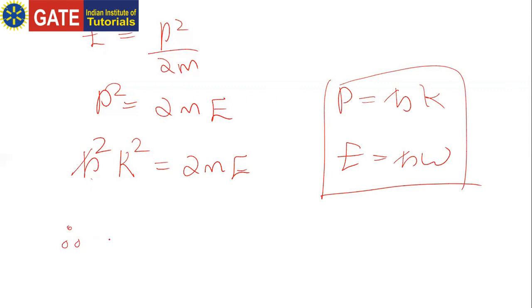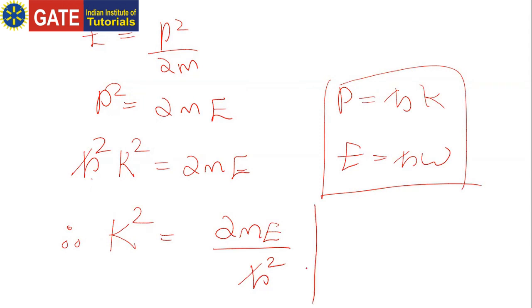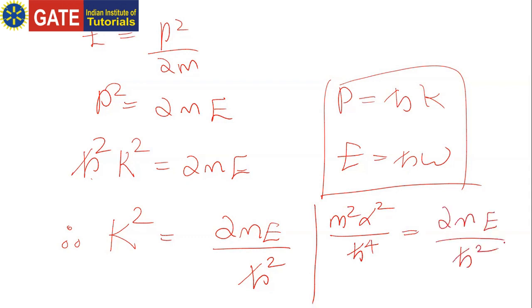Therefore, k square equal to 2mE by h cross square. Remember these values. Or you can equate the k square value: k square equal to 2mE by h cross square, and m square alpha square by h cross power 4 equal to 2mE by h cross square.